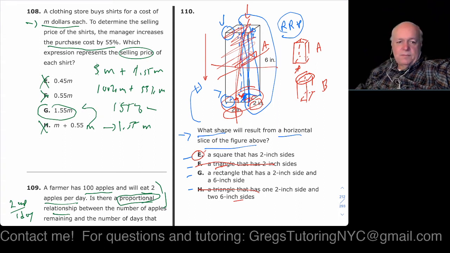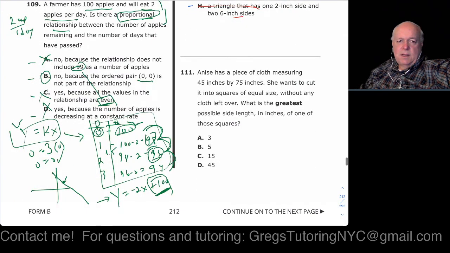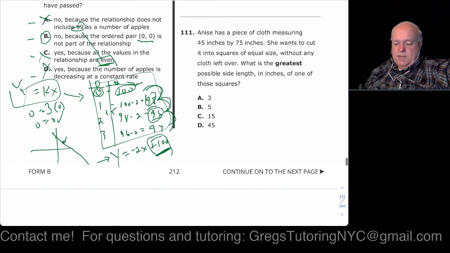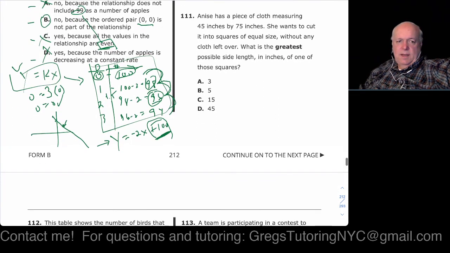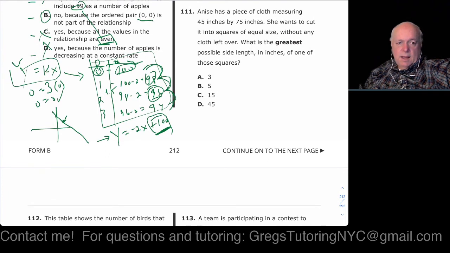111. Along the same kind of lines here, this one is not quite a percent one, but it involves some geometry really. A niece has a piece of cloth measuring 45 inches by 75 inches.